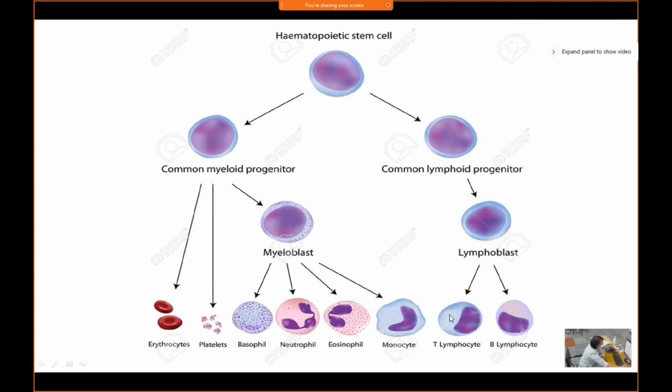T lymphocytes usually come from the thymus. So these lymphoblasts go to the thymus, the thymus produces the T lymphocytes, and they come back to the bone marrow. And this is the B lymphocytes. When B lymphocytes mature further, they mature into plasma cells. So that is the lymphoid component: B lymphocytes, T lymphocytes, and plasma cells from the maturity of the B lymphocytes.